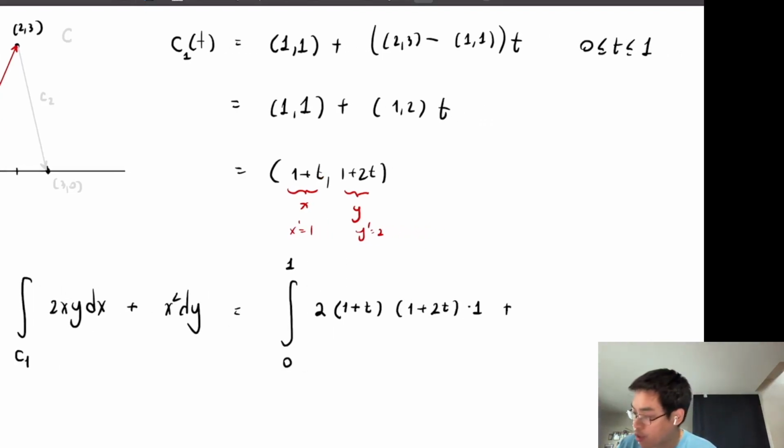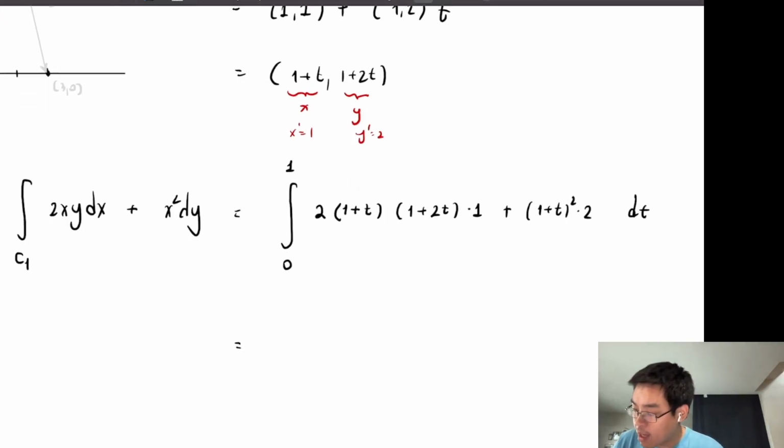Next up is x squared, so (1 plus t) squared, and dy is y prime, so that would be 2. And dt at the end.